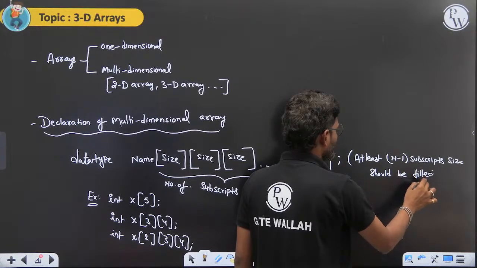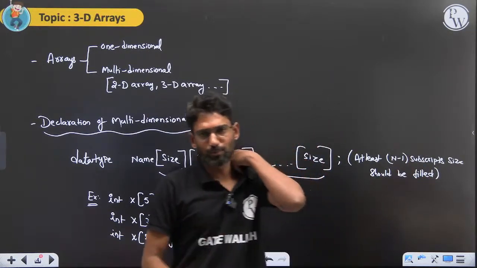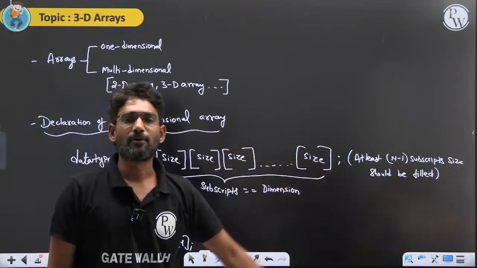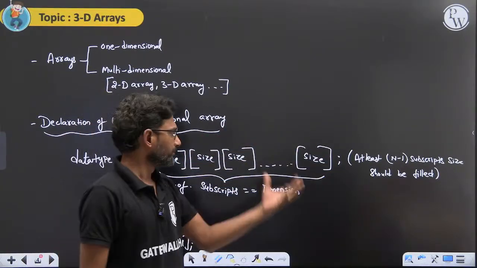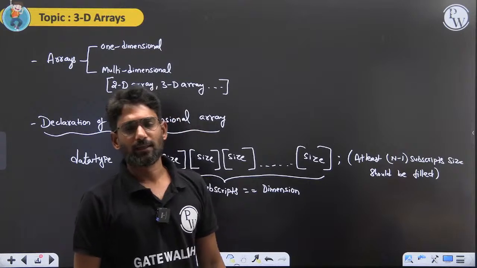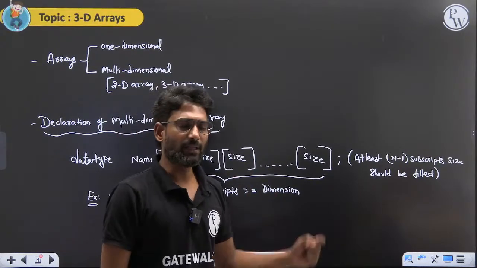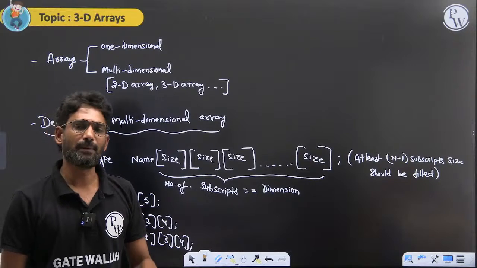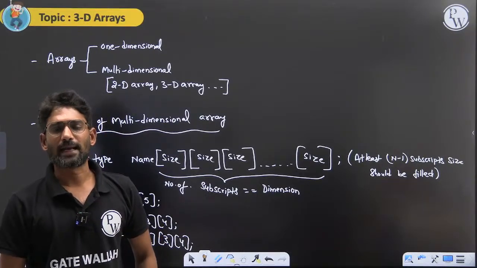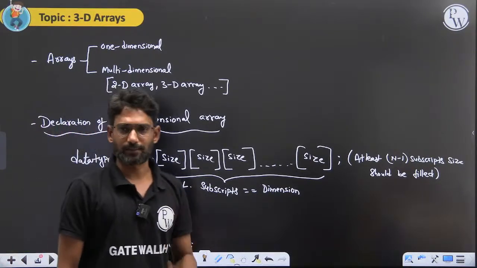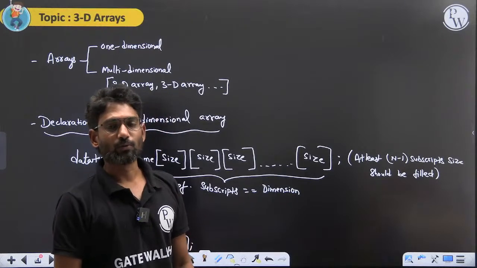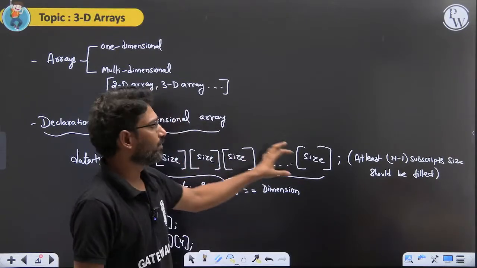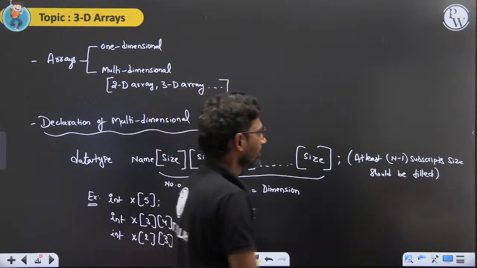N minus 1 subscripts. One subscript you may leave, because based on the number of values that you assign, the remaining dimension value can be calculated by the compiler. That too, when you assign the values at the time of declaration.